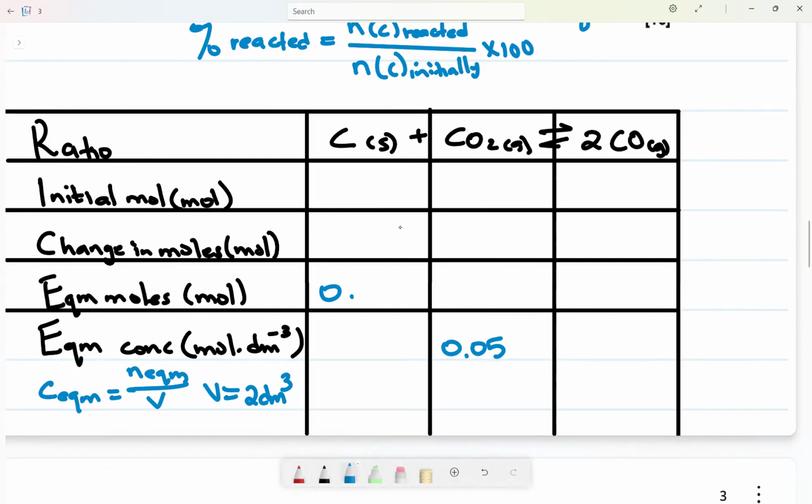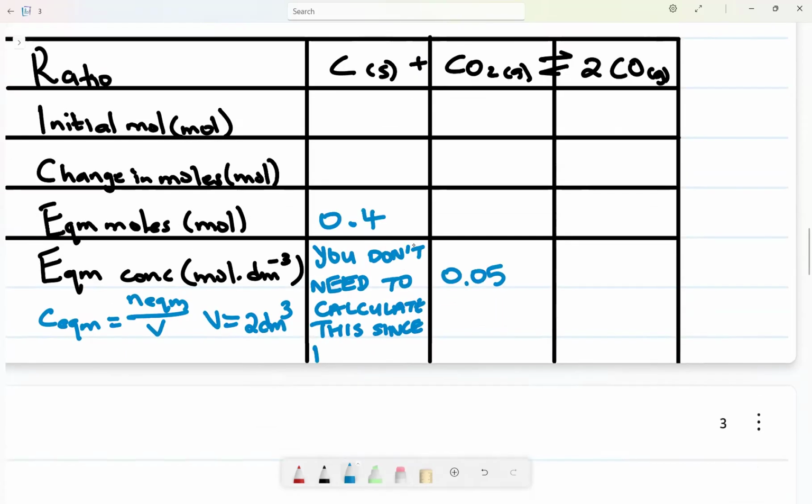I don't need to calculate this, since it is a solid and the other is a gas.